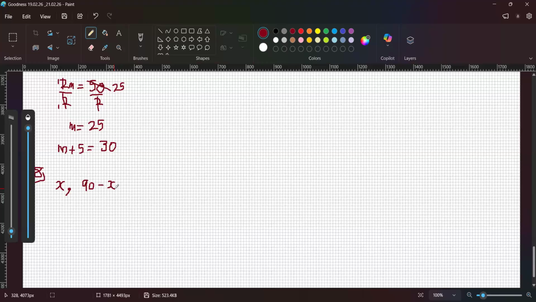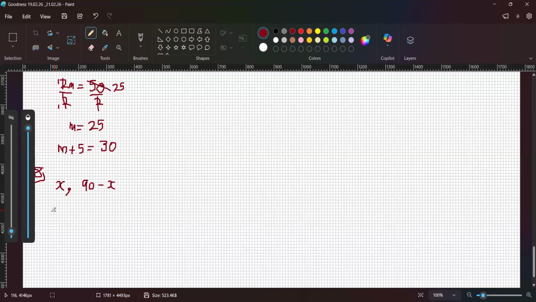Now take note, their sum is always 90, but their difference may not be 90. I think their difference can be anything. Does it make sense? Yes, sir. Once we understand it that way, we can flow.